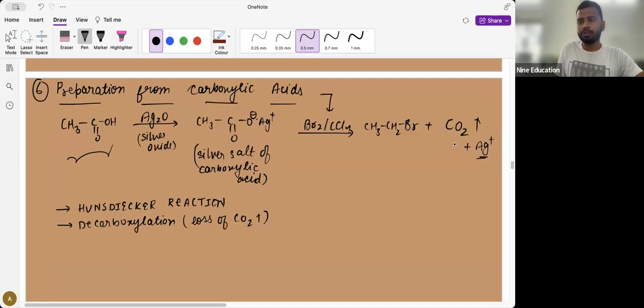Decarboxylation means loss of CO2 derivatives. This is also a free radical mechanism.